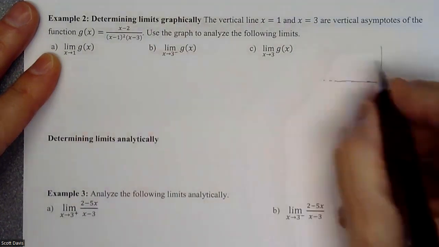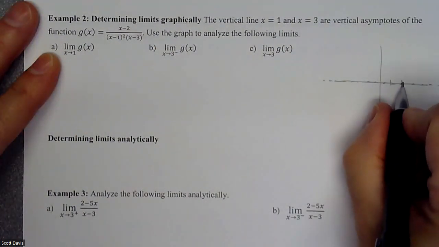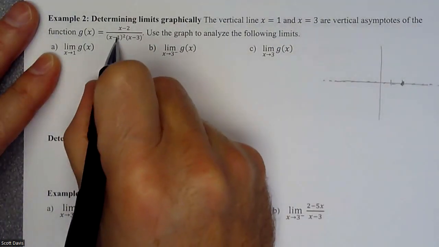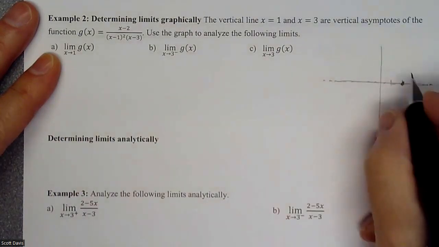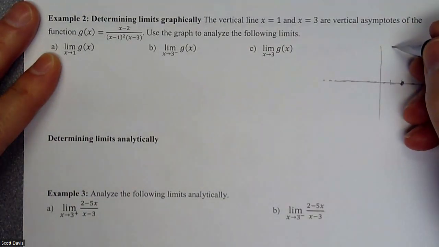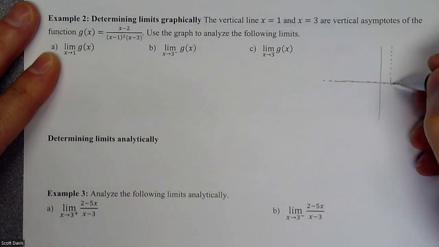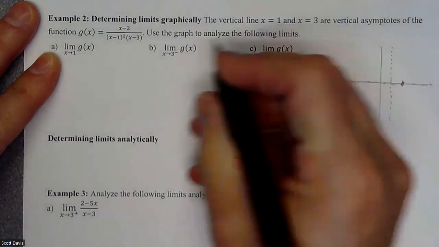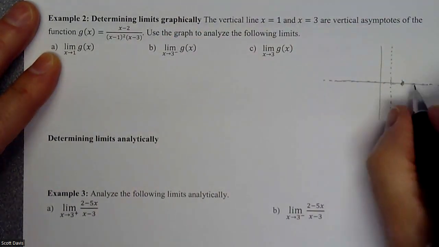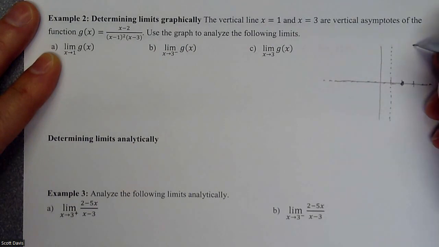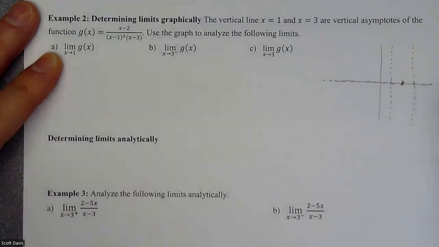We're going to have an x-intercept at 2. We're going to have a vertical asymptote at 1. We're going to have another vertical asymptote at 3. Right?